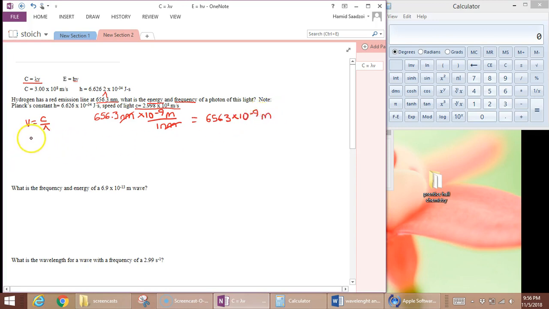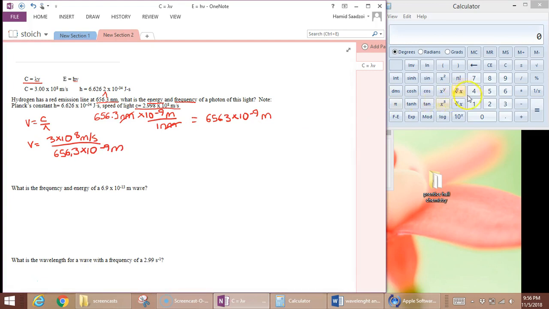Alright, now we're going to calculate for our frequency. So frequency is going to equal 3 times 10 to the 8 meters per second divided by, and there's our number, 656.3 times 10 to the negative 9 meters.